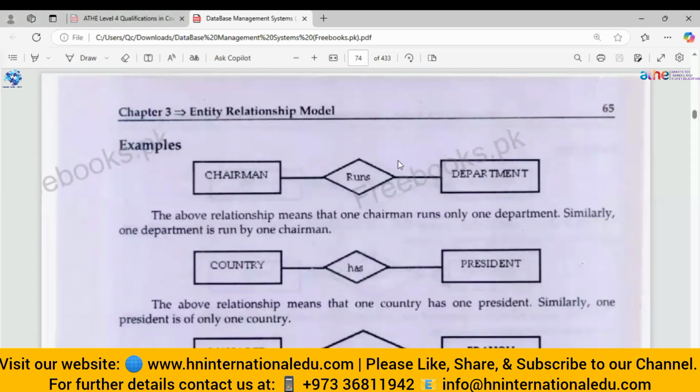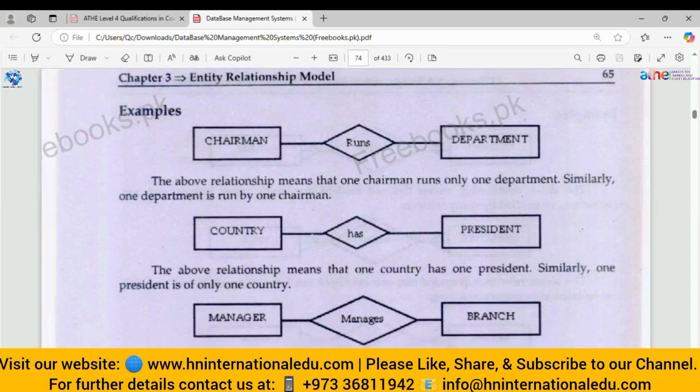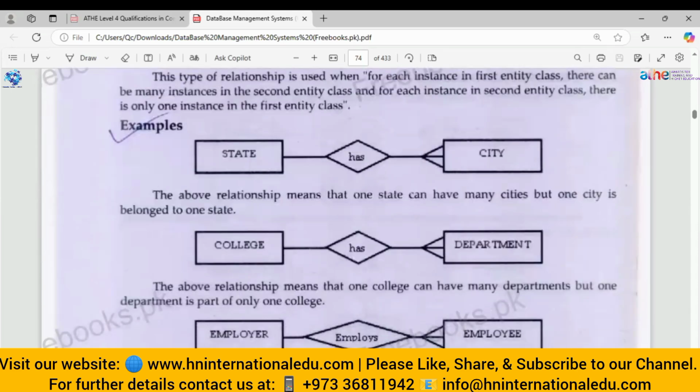A chairman runs the department. Department is one type of entity, and chairman is another type of entity. So what is the relationship between department and chairman? A chairman runs the department. If we take two more entities like country and president, a country has a president. So this is how the binary relationship is presented.